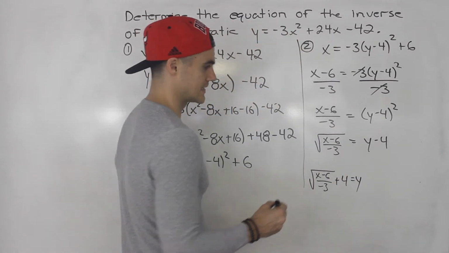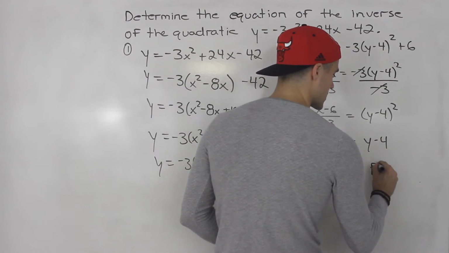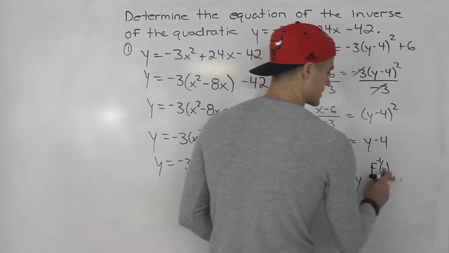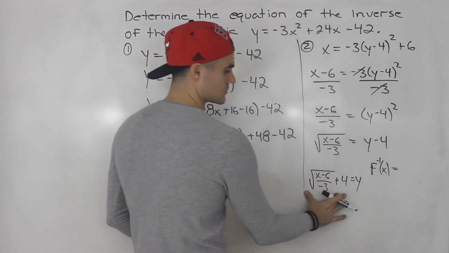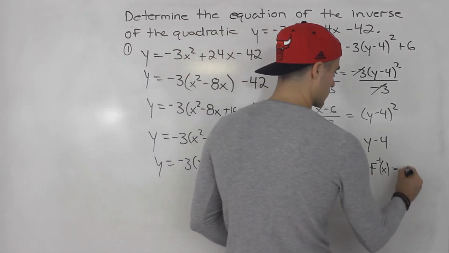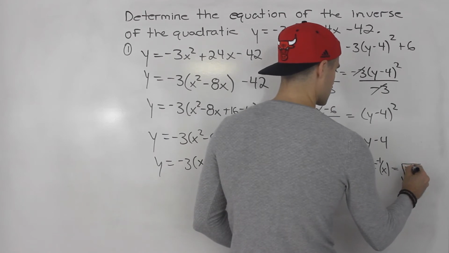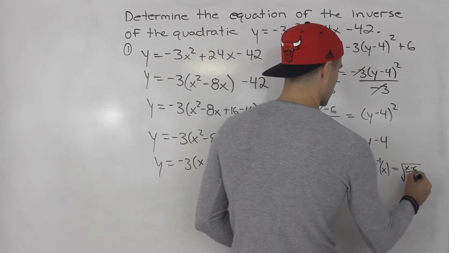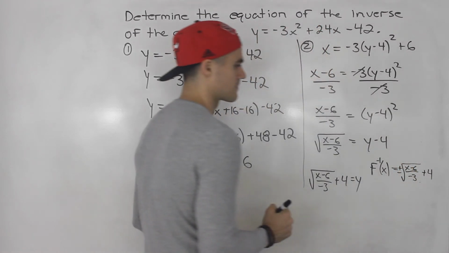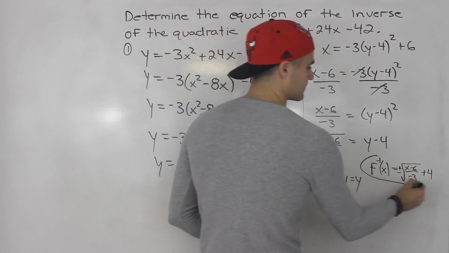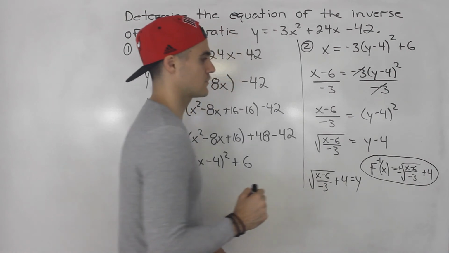So if you want to write this nicer, with proper notation, the inverse notation, if you remember, is basically equal to this right here. So it's the square root of (x minus 6) over negative 3, plus 4. And this is going to be plus or minus. Right? So they're just asking for the equation of the inverse.